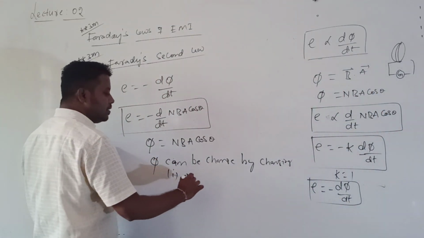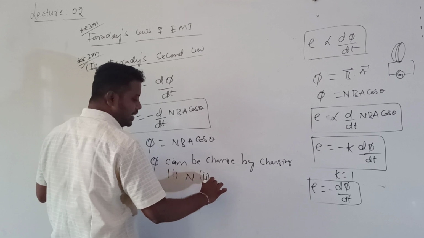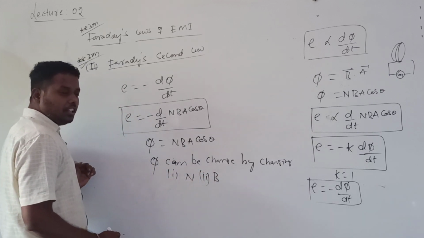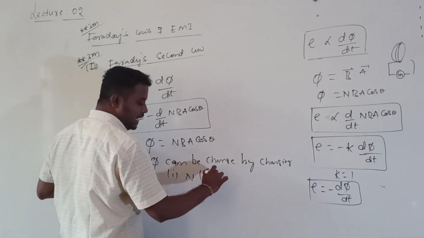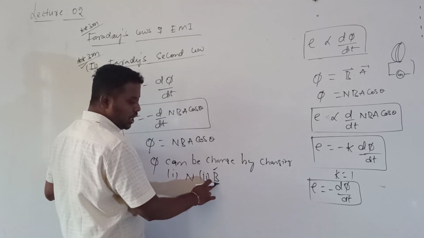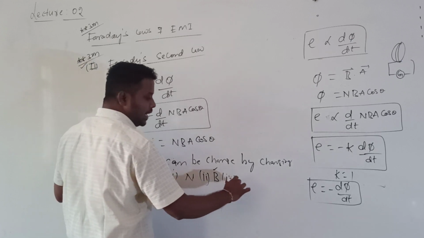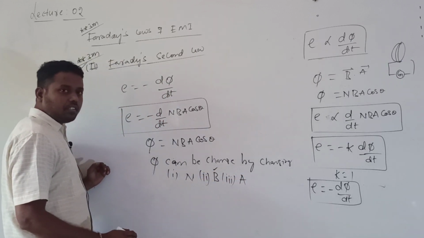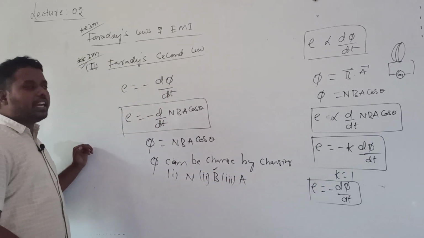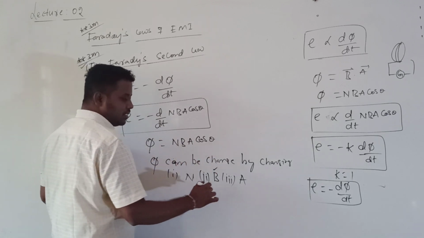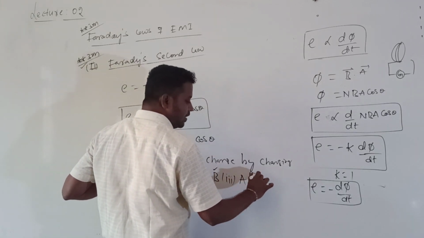The second one is changing the magnetic field value. By changing the magnetic field induction, you can change the flux, and flux can be changed by changing the area value. You can increase or decrease the area to change the flux.